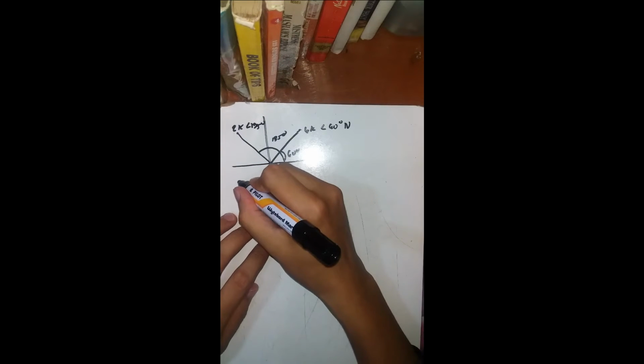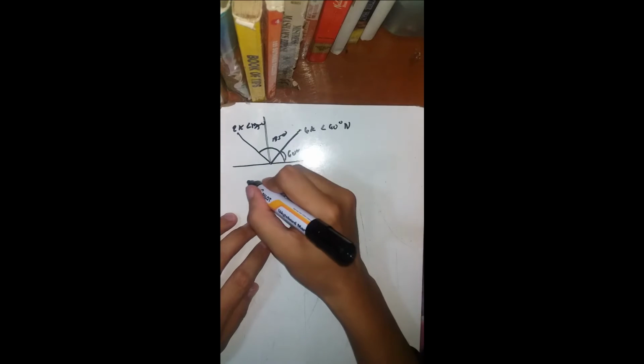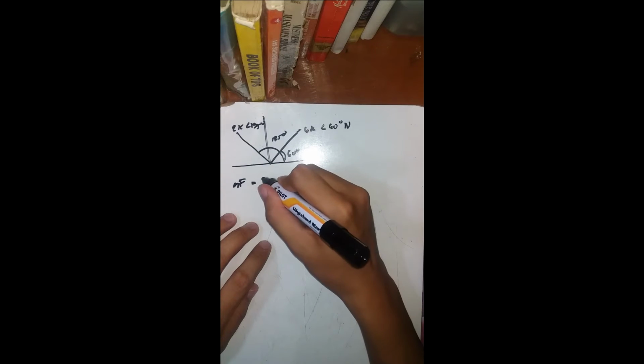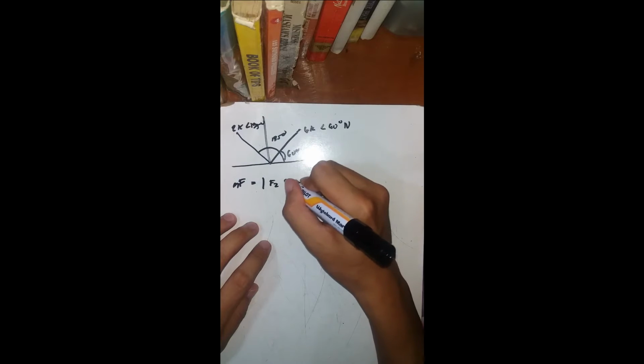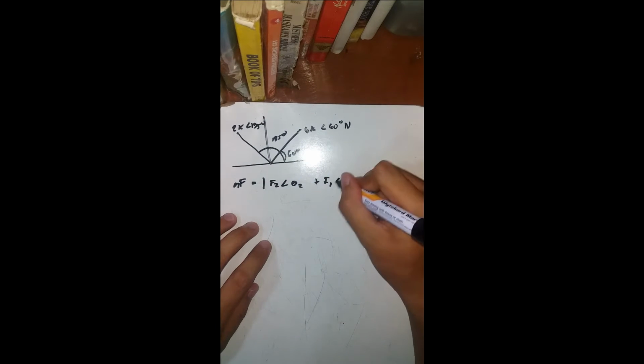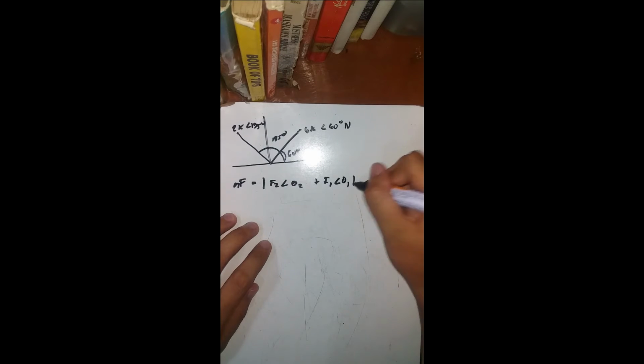So the formula for the magnitude of the resultant force is just equal to the absolute value of F2 angle degree 2 plus F1 angle degree 1.